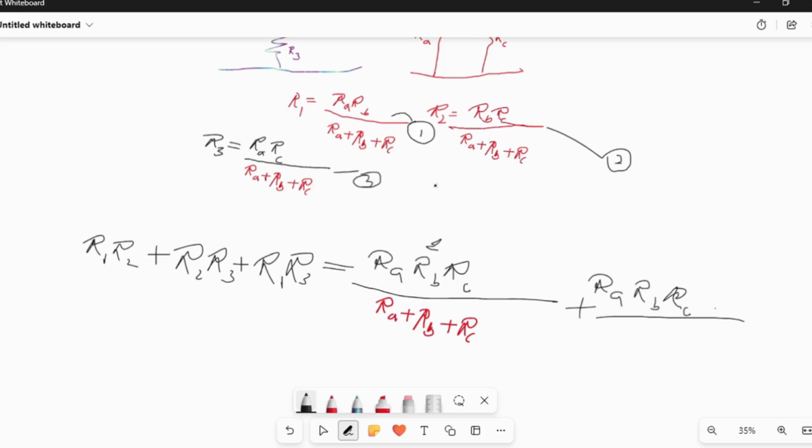R2 into R3. R2 into R3 means RB into RC into RA into RC.